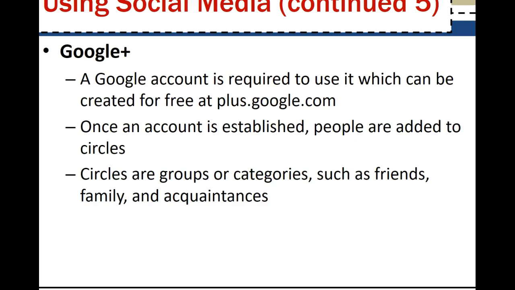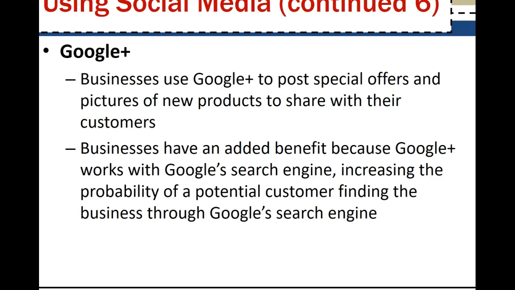Circles are basically groups or categories, and that could be your family, friends, your acquaintances, and so on. Again, businesses can use Google Plus to post social media and offers with their products and stuff like that.